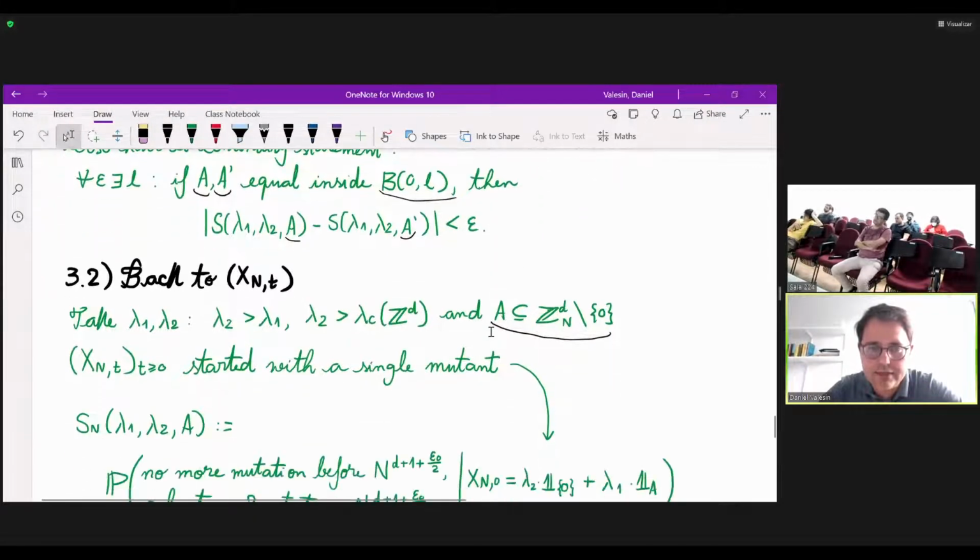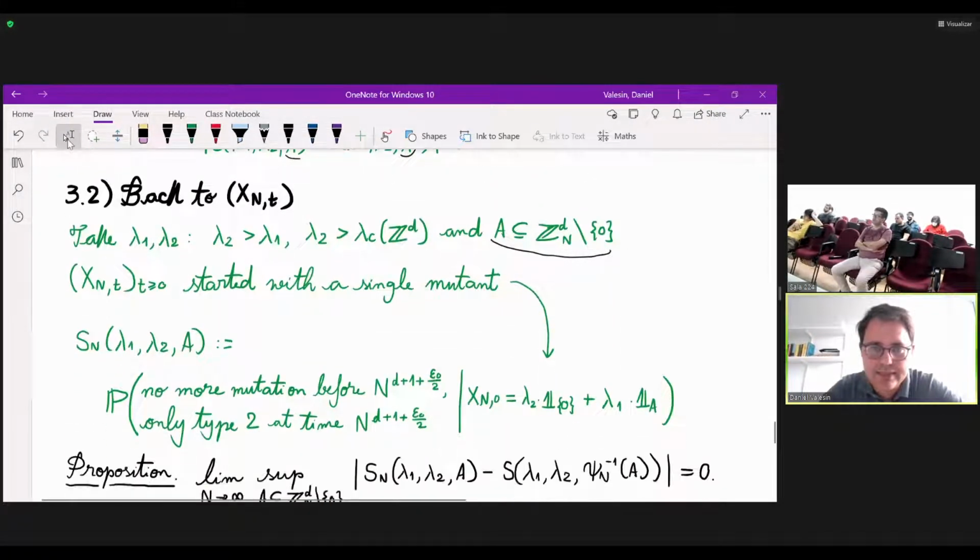Now, suppose that the adaptive contact process is started with a single mutant at the origin. So at time 0, I take a type 2 individual at the origin of the torus and type 1 individuals on A. And I'm defining this quantity S_n of lambda 1, lambda 2, A.